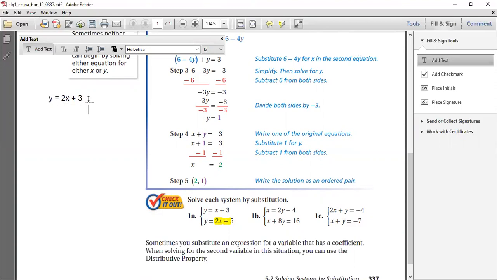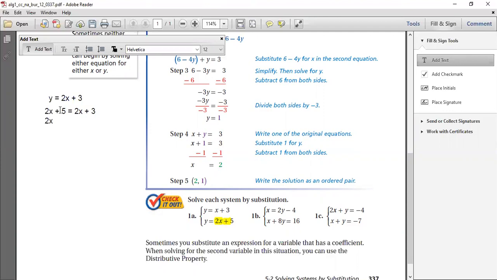Next step is, in place of this y, I will write the equation which is given for the other one. So y equals 2x plus 5, so 2x plus 5 equals x plus 3. Okay, so all I did is, in place of this y, I just brought the equation which was given for the other one.